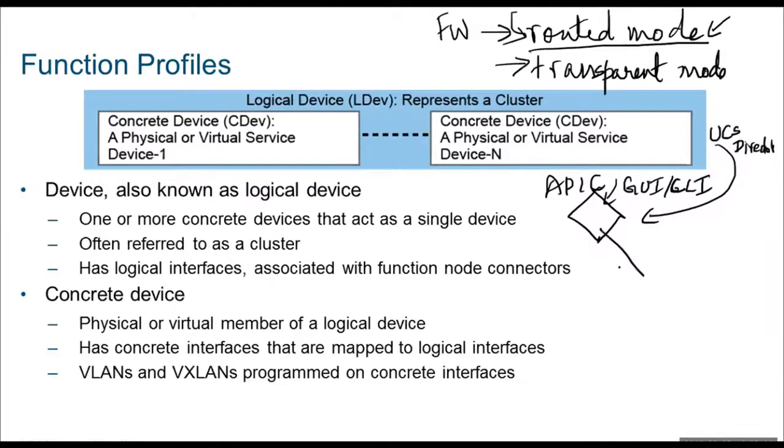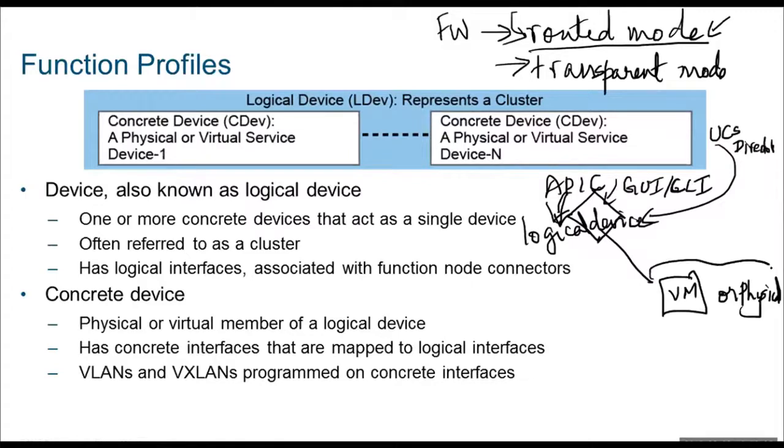The APIC essentially has a logical device, and the actual device could be a VM or a physical firewall. So this logical device will present itself as a cluster with all its interfaces. You're going to be configuring those settings. And when you do the graph rendering is when it actually goes to what are called the concrete devices.